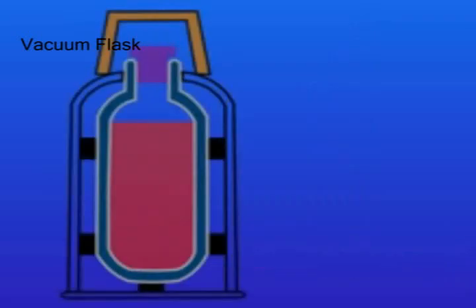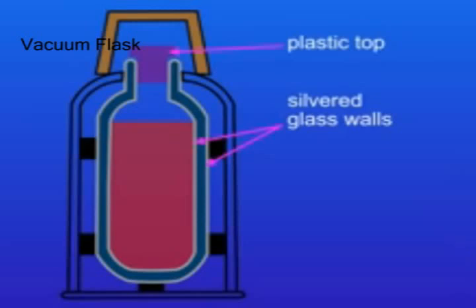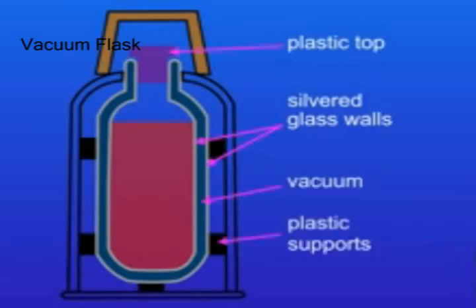Now, this is the graphic representation of a vacuum flask. We have a plastic top, silvered glass walls, a vacuum between the glass walls, and plastic supports. We shall see how each of these reduce heat transfer. The plastic top first.